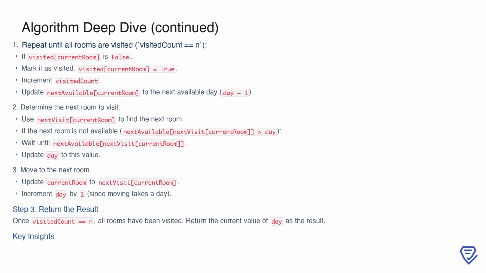If the next room is not immediately available, as indicated by the next available array, we wait until the day it becomes available and update our day counter accordingly. Once the next room is ready to be visited, we move to that room and increment the day counter again, since traveling to a new room also takes 1 day. The process continues until the visited count matches the total number of rooms, at which point we can stop and return the current day as the result.